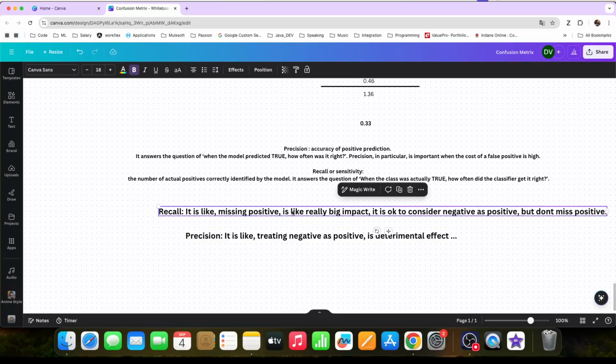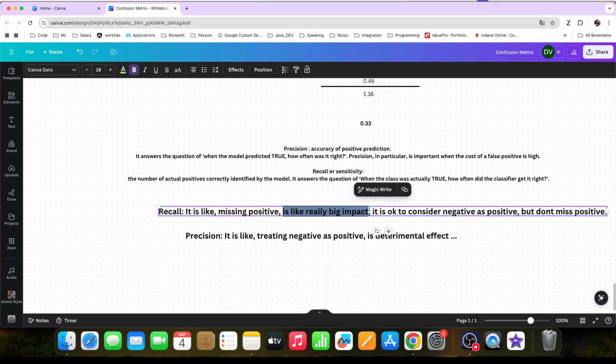For recall, take fraud transactions, for example. If your model is classifying fraud or non-fraud transactions, and you really miss any fraud transaction, the financial impact is very huge, because your model missed identifying the fraud transaction, which is a positive, like what I explained earlier in the case of the truck.